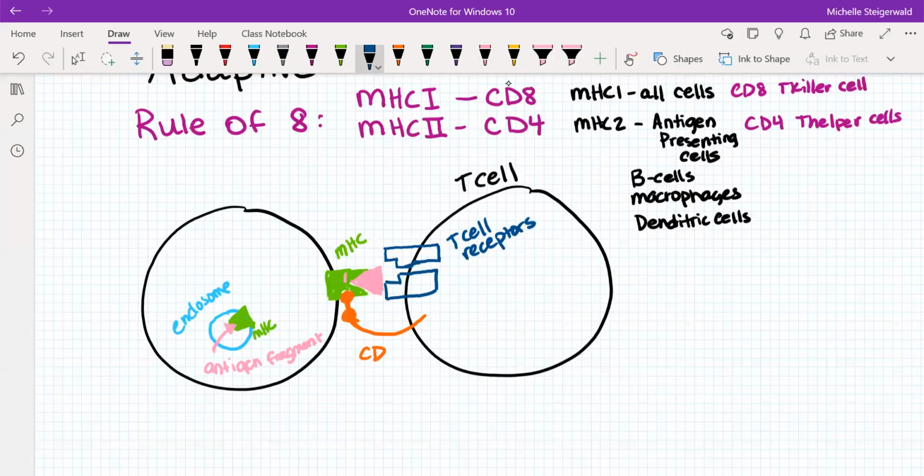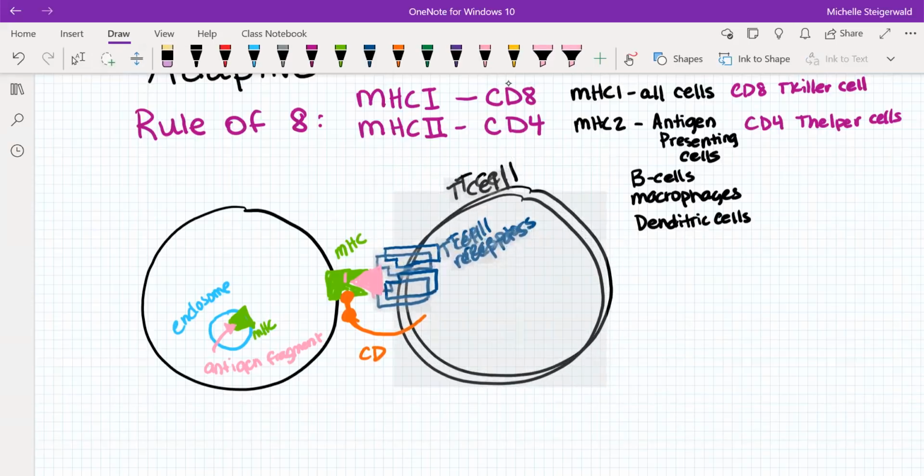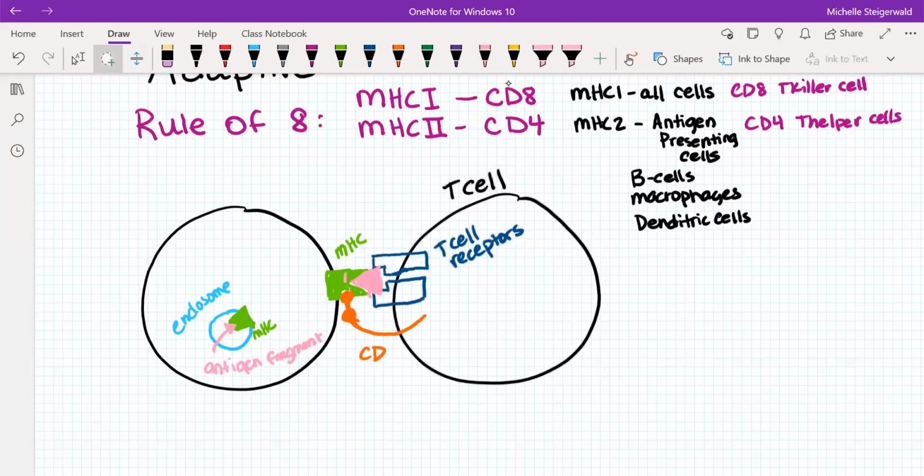If this can now bind to that antigen being presented, this is a good fit here, then that's going to activate this T cell to release vesicles that are full of a substance. So it will exocytose those. That's the basic story, and that's true of both your MHC1 CD8 and your MHC2 CD4.